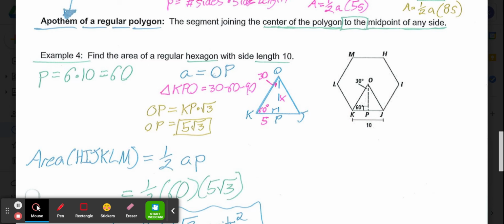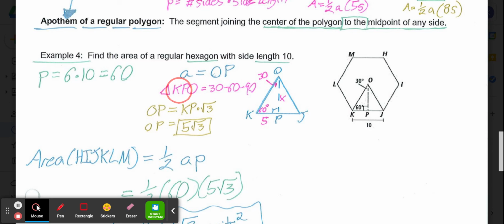If we drew in the apothem, it would be this segment from our center O down to P. And we can break that into looking like this triangle here. So I'm going to pull that triangle out for a second. I know the apothem is the distance of OP.